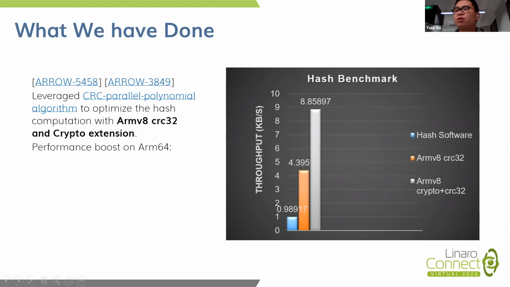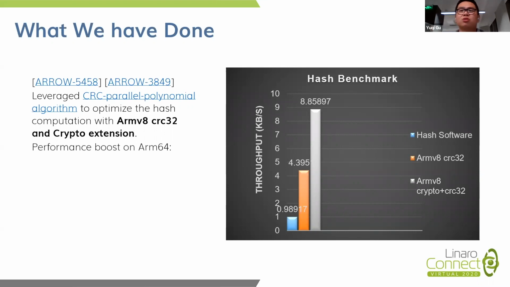You can see in this chart that the hash function implemented only in software gets 0.9 kilobytes per second throughput. If we leverage the ARM CRC32 instructions and crypto extension, we can get 8.8 kilobytes per second. We get a 9-fold speed up.